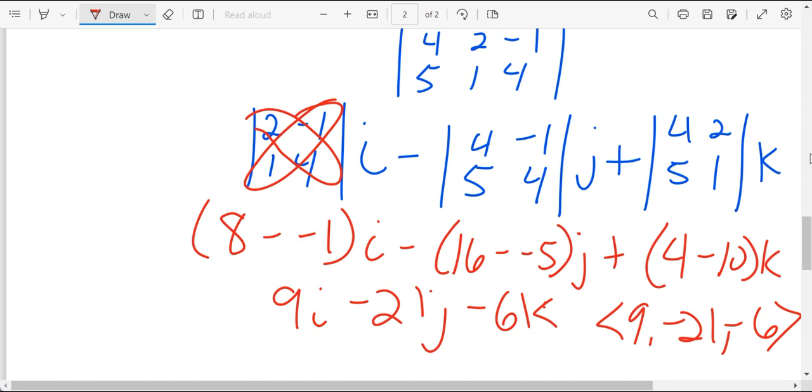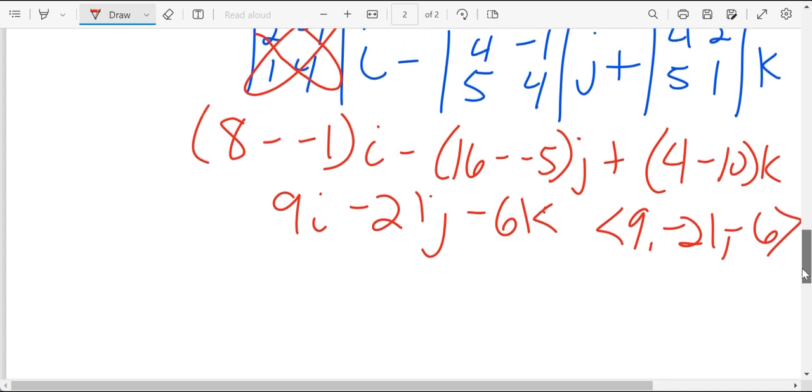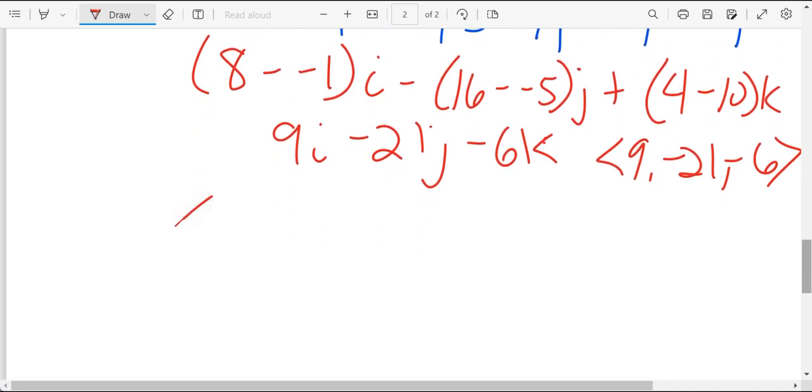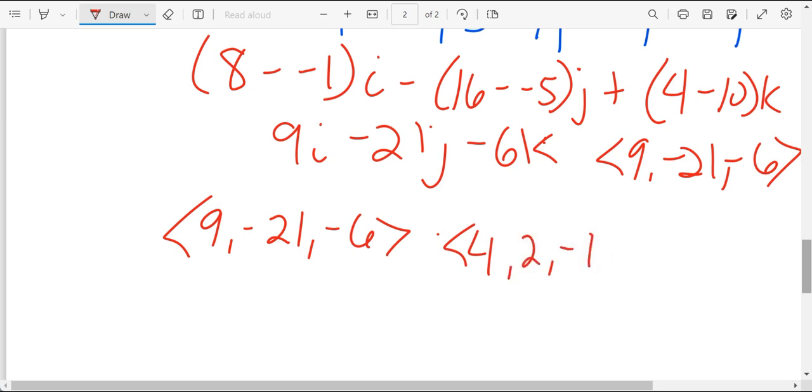And then some questions you're going to get is prove that it is orthogonal. So what I'm going to do is take that vector that we just found, 9, comma, negative 21, comma, negative 6, and do the dot product of this and A and this and B. Of the original, it's going to be 4, comma, 2, comma, negative 1.